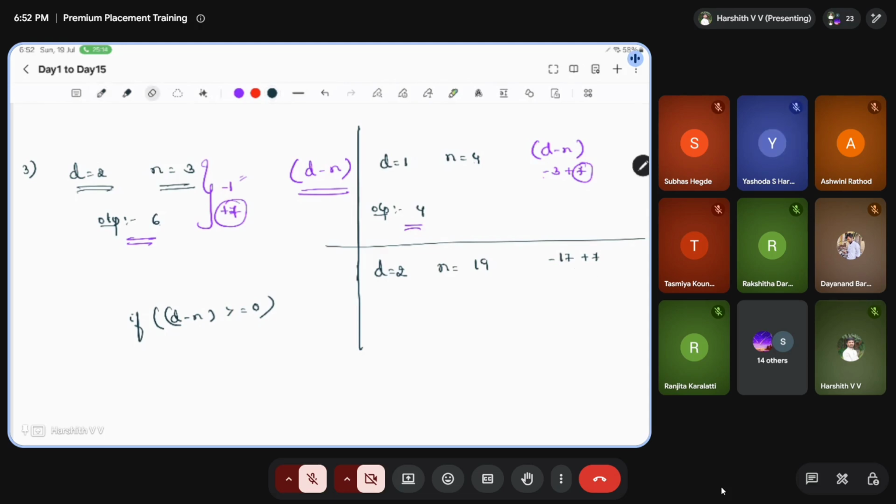Now tell me how to handle this test case. Here the output which they have told is 4. I should get 4. How to handle this?